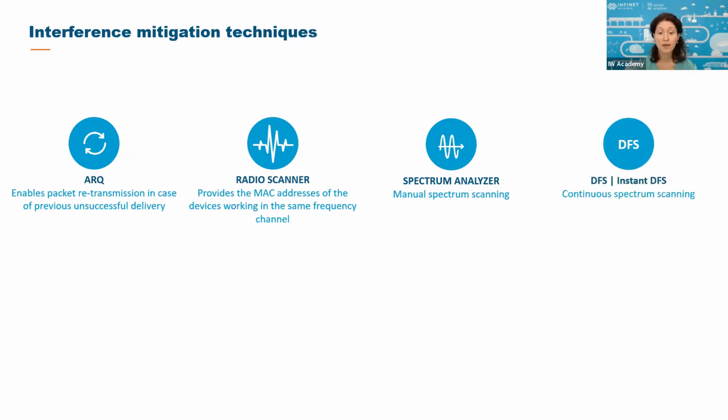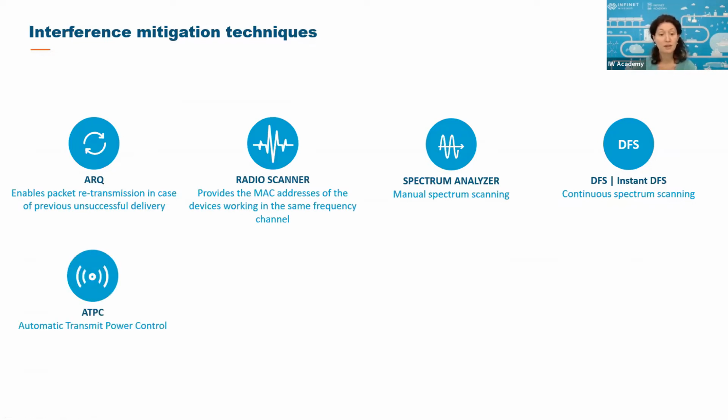A radio survey of the environment is also performed periodically using the automatic mode. The frequency channel can be automatically changed based on the scanned data. The Infinet devices support the DFS and instant DFS technologies, which are designed to automatically scan the spectrum, identify the interference levels, and take the necessary measures to eliminate the effects.